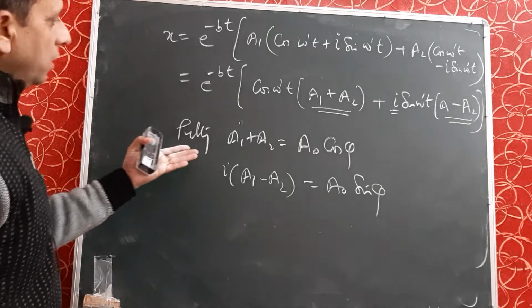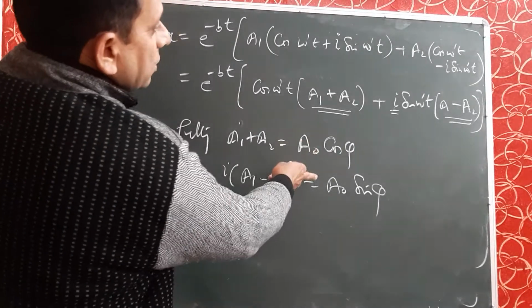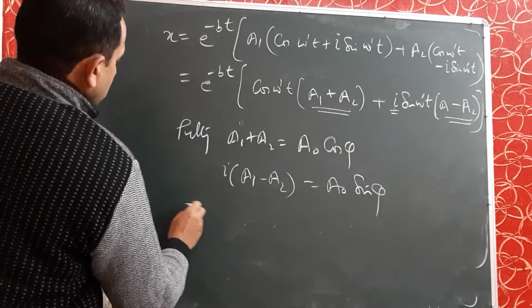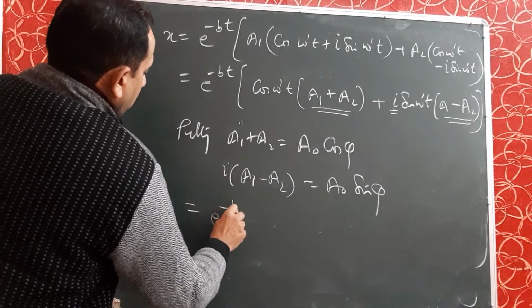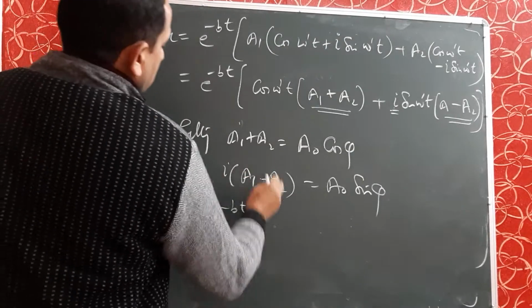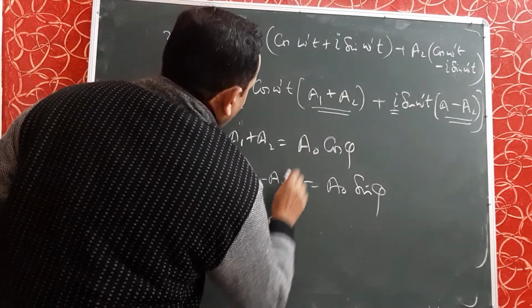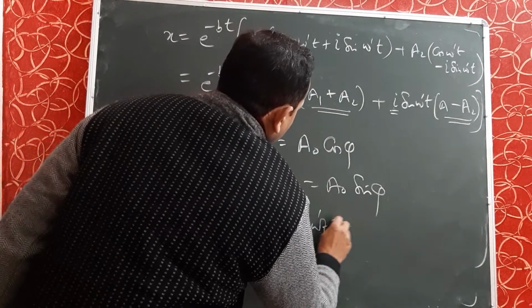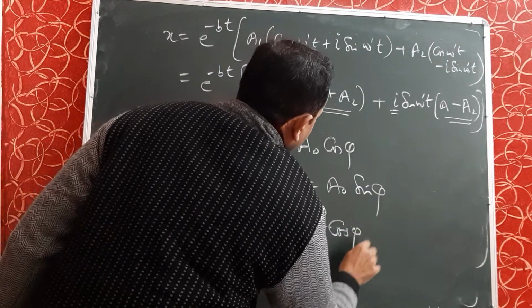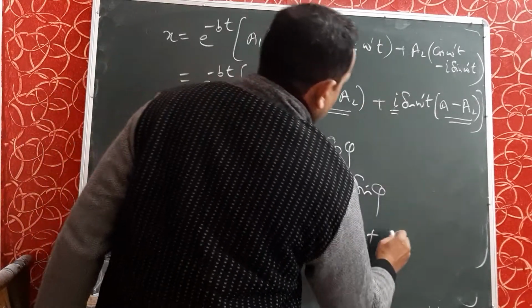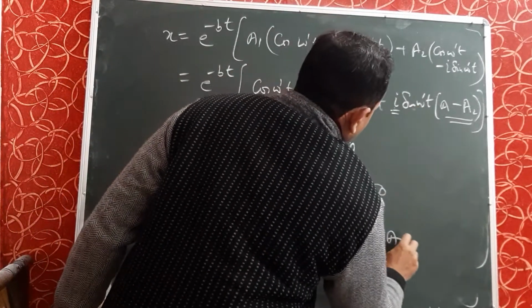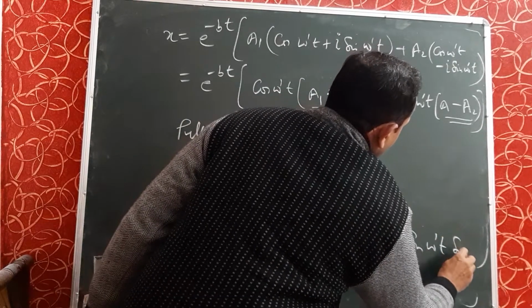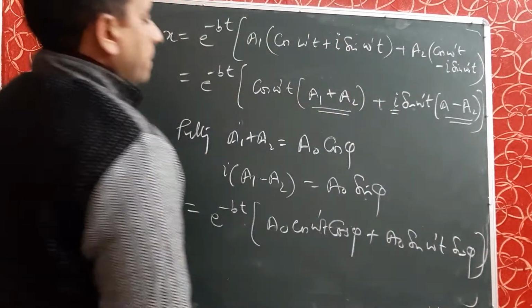So, why have I done this? It is done only to simplify this equation. So, x is equal to e power minus bt into a naught cos omega dash t into cos phi plus a naught sin omega dash t into sin phi.